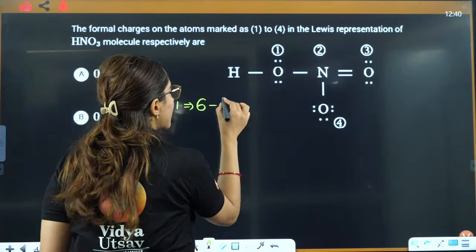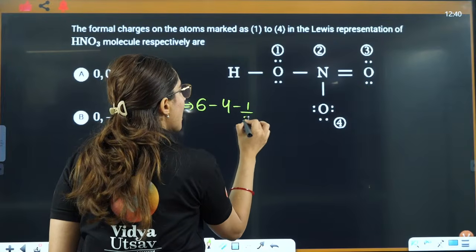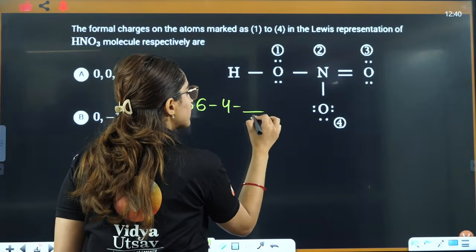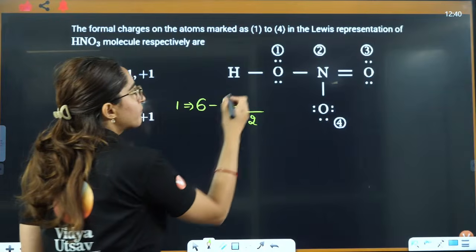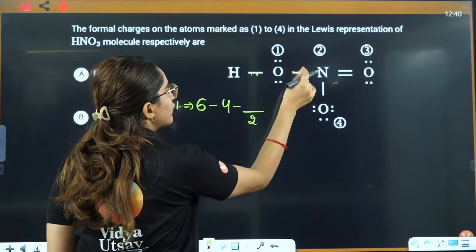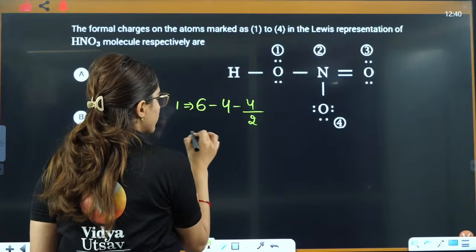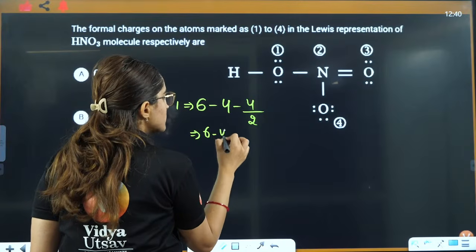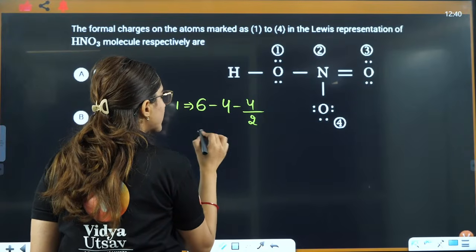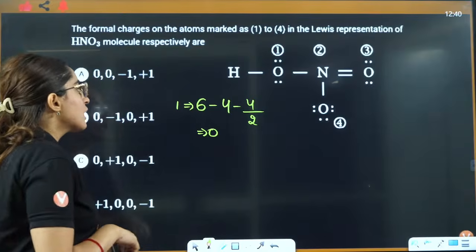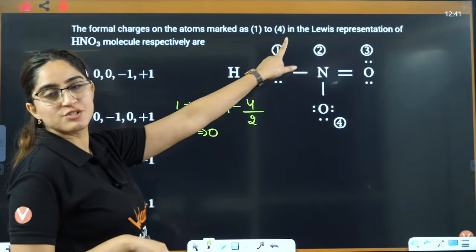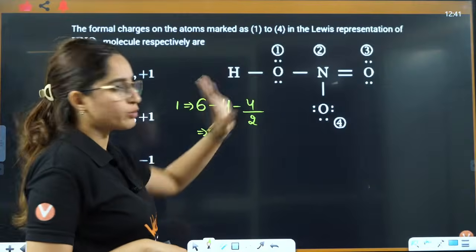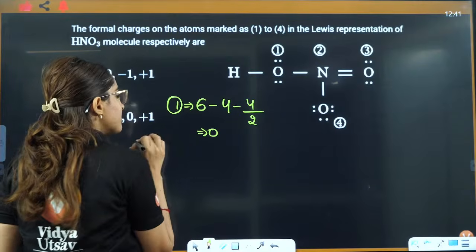So you can say minus 4 minus half, that means divided by 2. How many bond pair electrons? 1, 2, 3, 4. 4 bond pair electrons. So it will be 6 minus 4 minus 2, that is going to be 0 here, right? So in this, the formal charge is going to be 0. This oxygen is going to be neutral. That is the first, right?